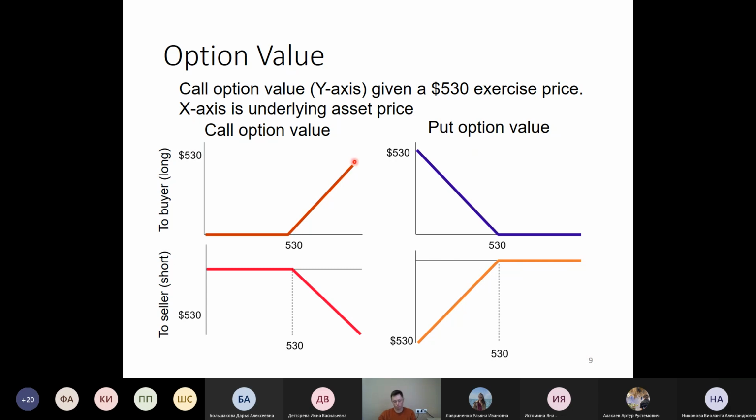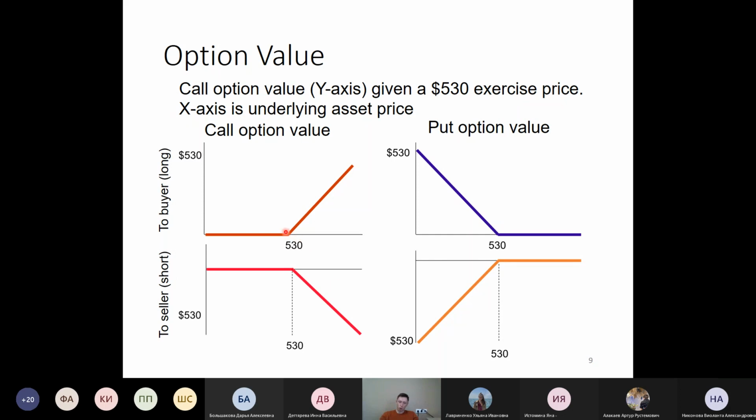And theoretically, it is not restricted. So if the price goes somewhere to infinity, the call option value also goes somewhere to infinity. On the other hand, the potential losses of the short, of the bank or whoever would sell you this option, are also unlimited.